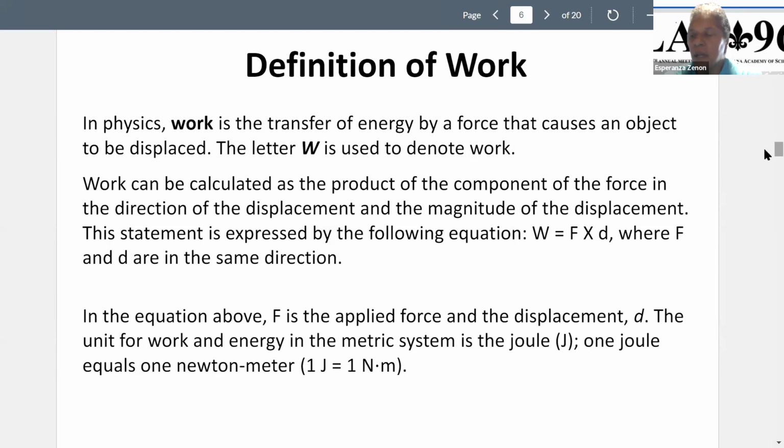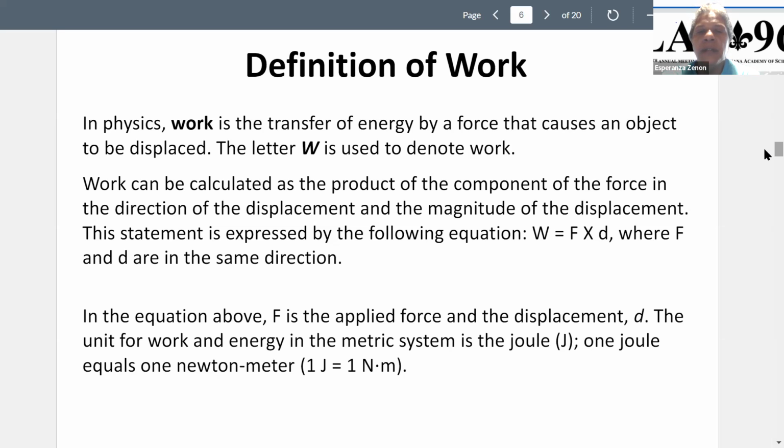You have to be thoughtful about this, because it says here that the force and the displacement have to be in the same direction. The object has to move along the same line as the force in order to do work, okay?